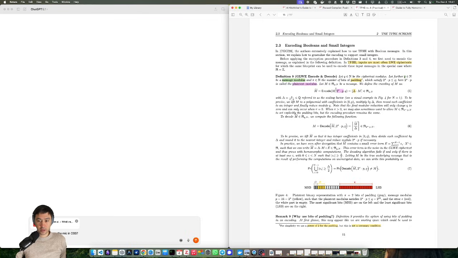Right, because after padding, it shouldn't reach that. That should be the maximum value. Oh, yeah, and we know that Q is divisible by 2 pi times P, right? I don't remember.